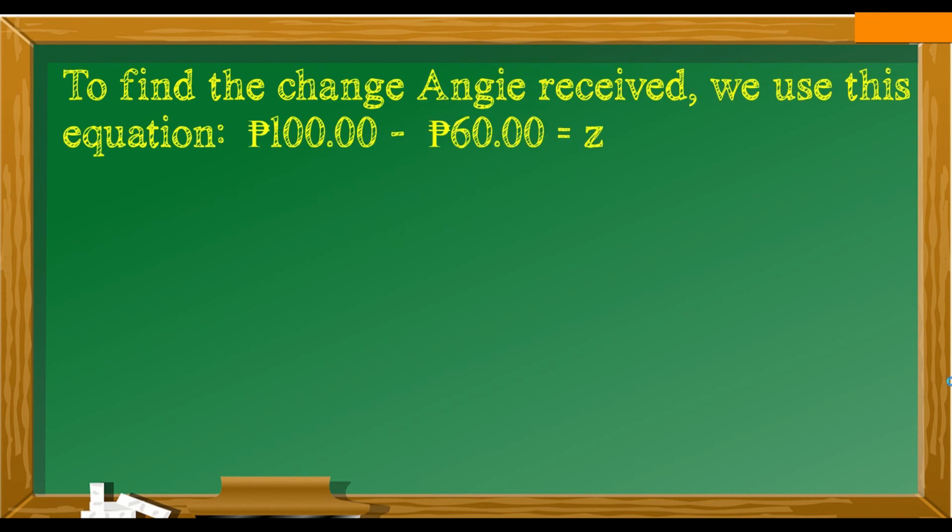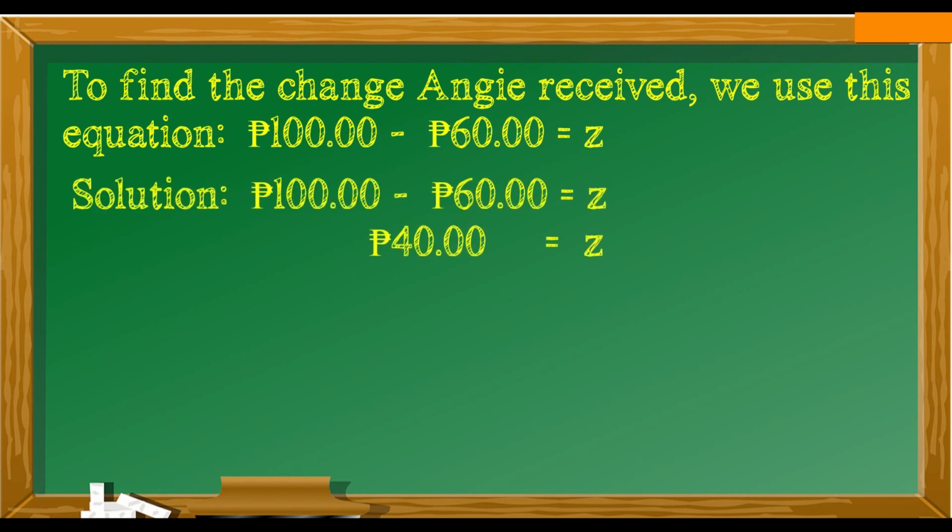So to find the change Angie received, we use this equation. 100 pesos minus 60 pesos is equals to z. Solution. 100 pesos minus 60 pesos is equals to z. 100 minus 60 is 40. This means the change of Angie is 40 pesos.